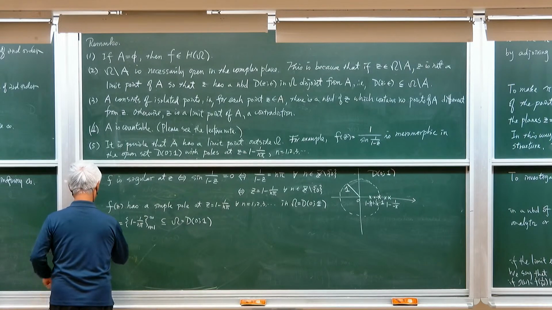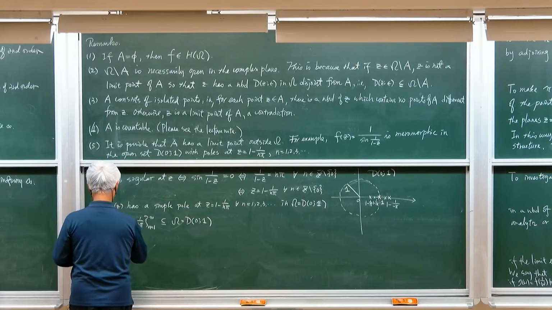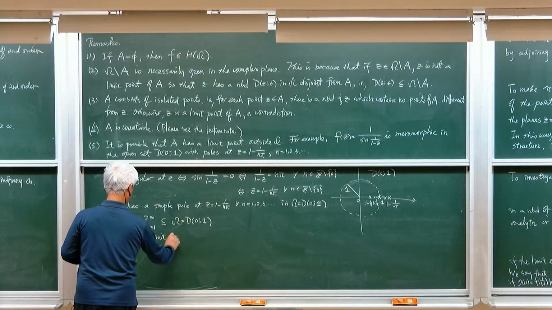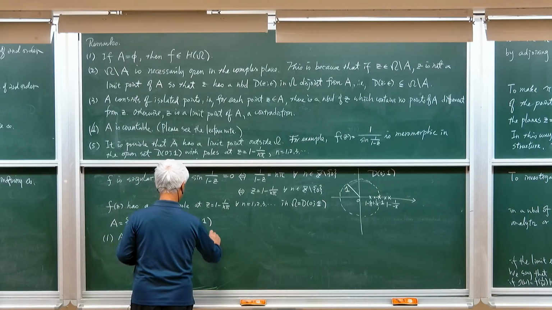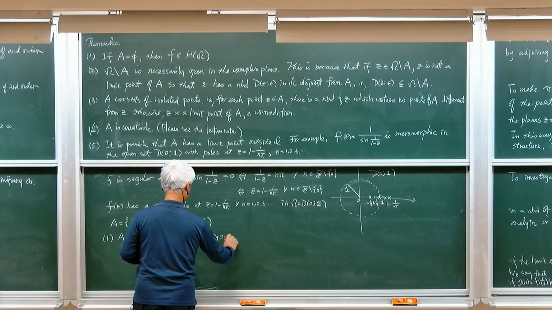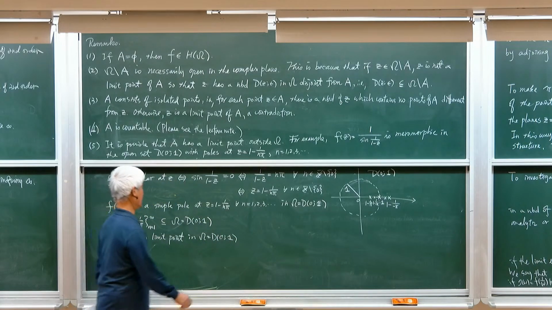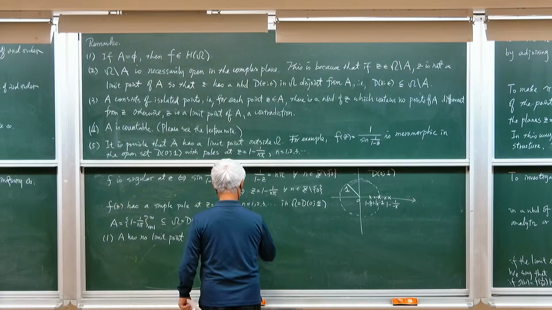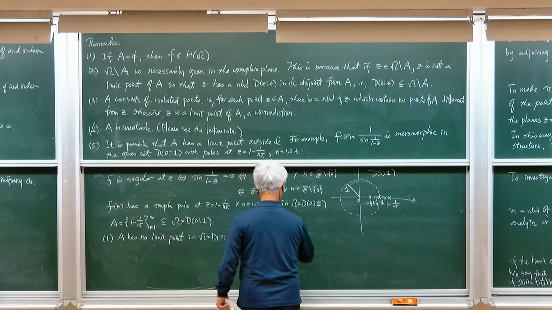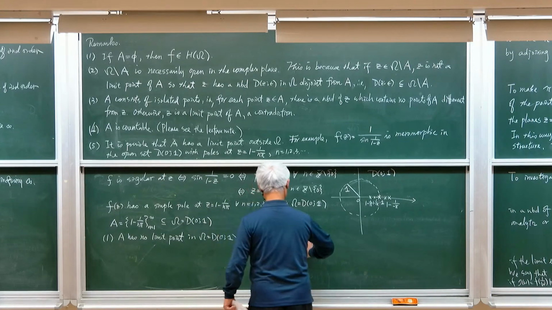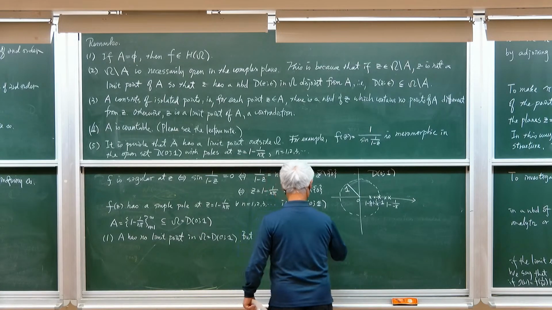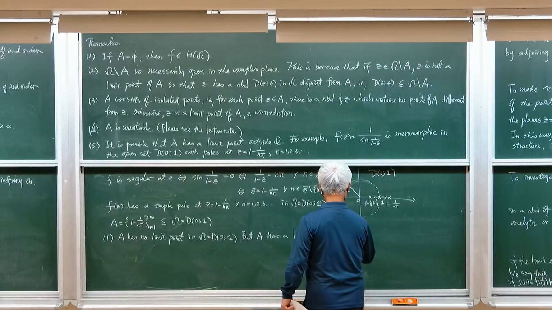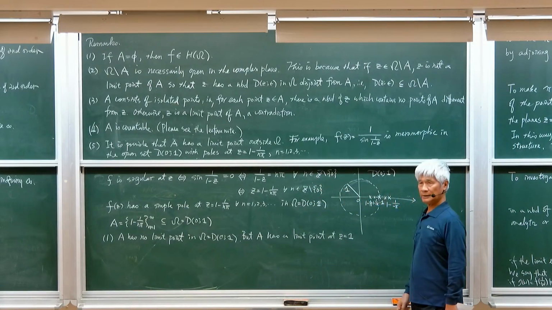All right, and first of all, A has no limit point in omega. But A has a limit point at z equal to 1.